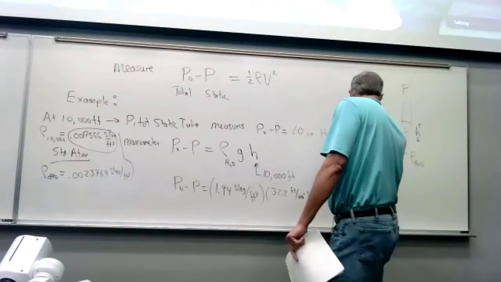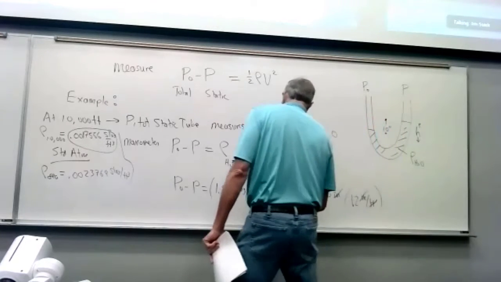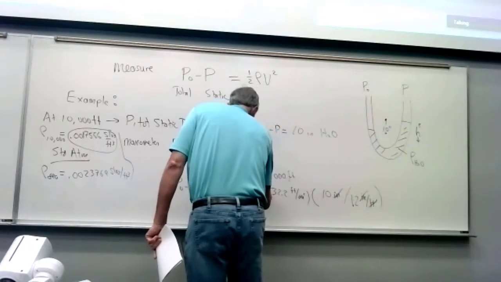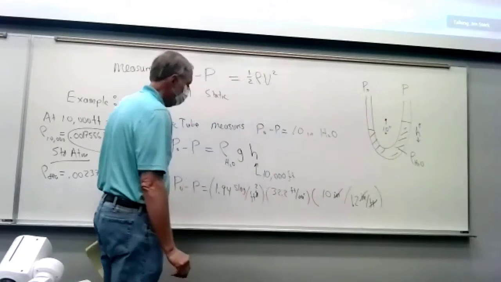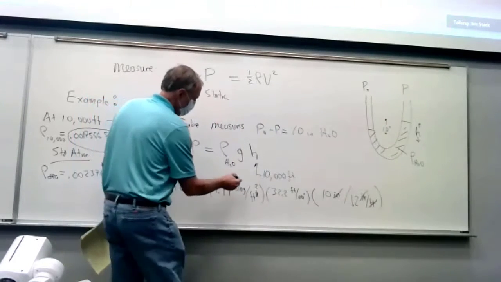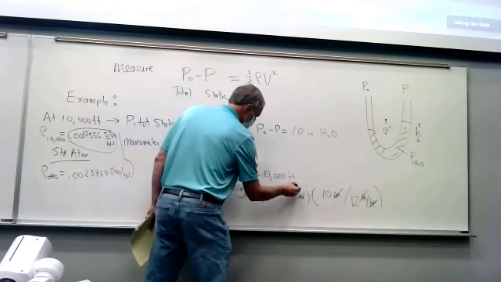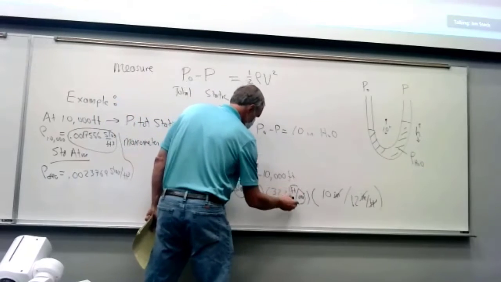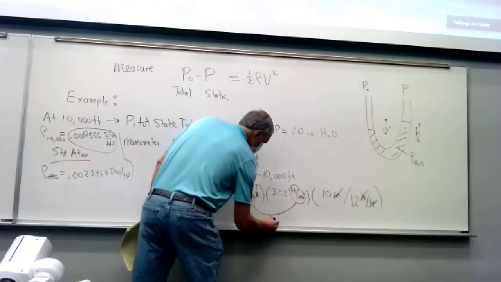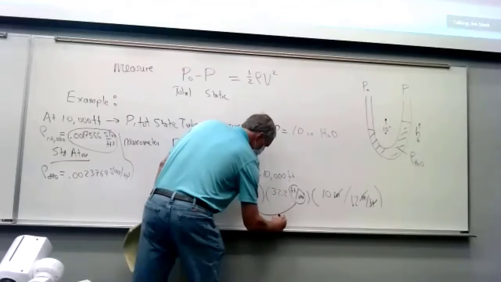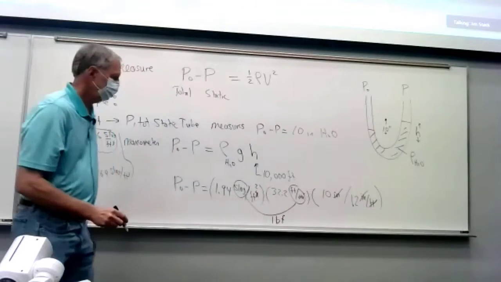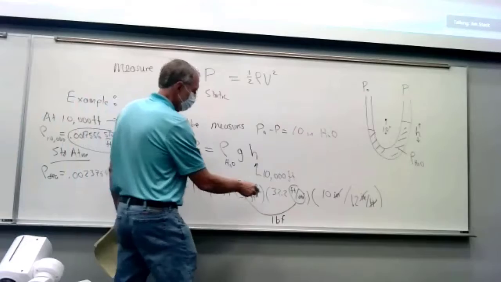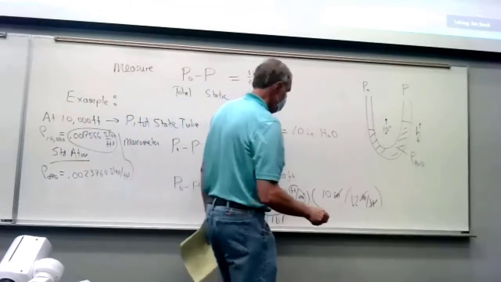And this foot flips up to the top, cancels out foot to the third, the foot to the second, and then slug feet per second squared turns into a pound force. So we're going to get the correct pressure units, pound force per foot squared.